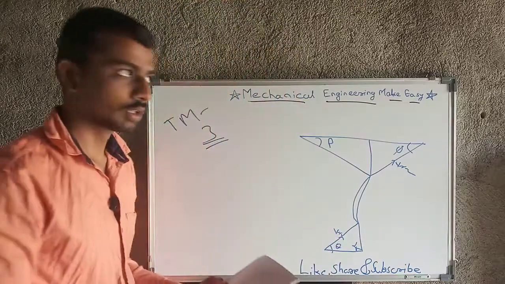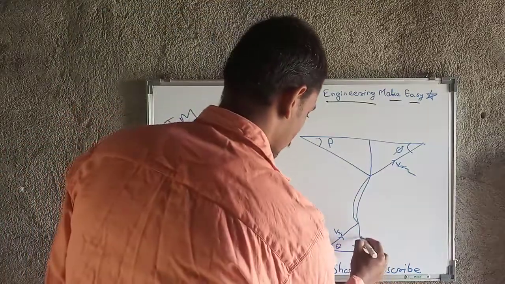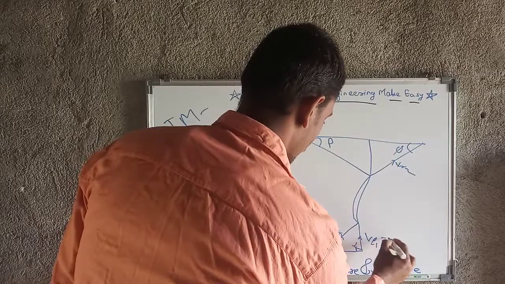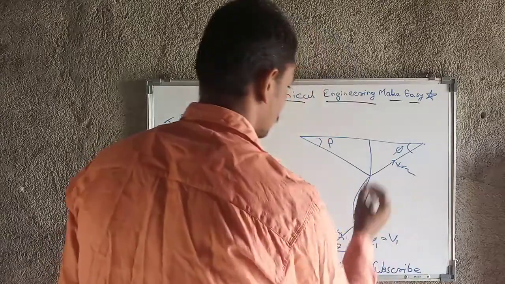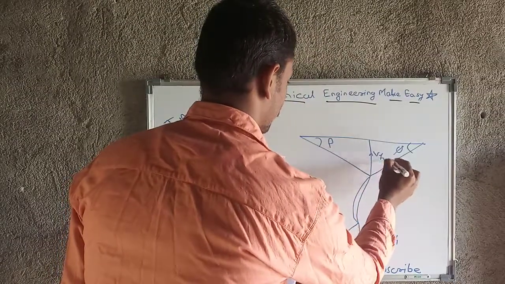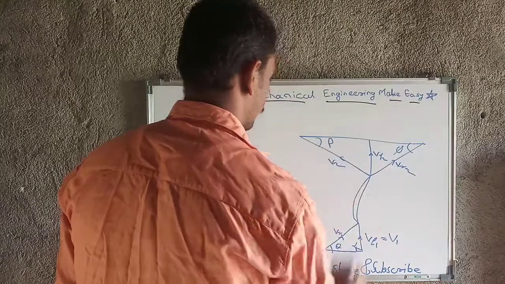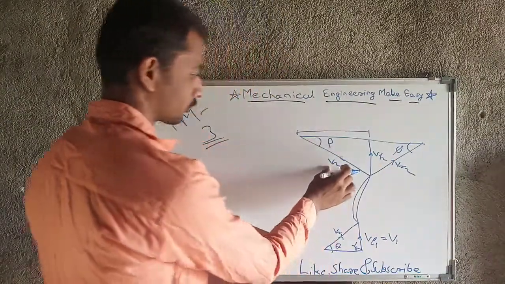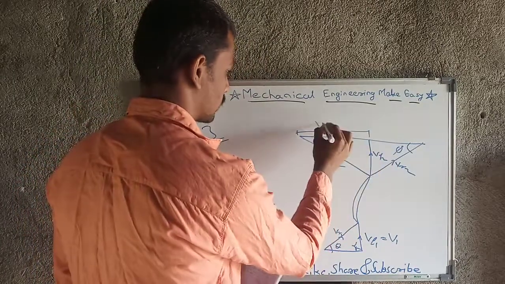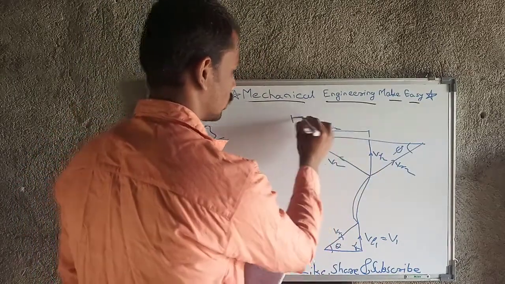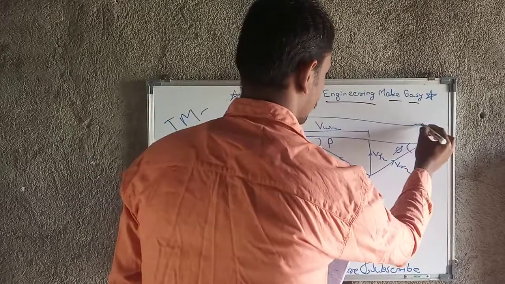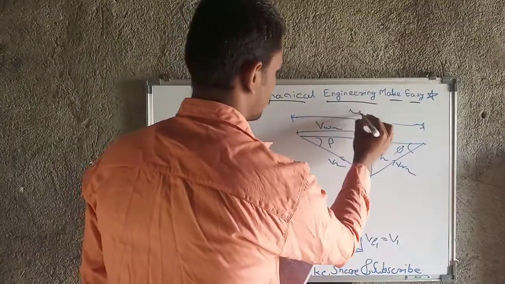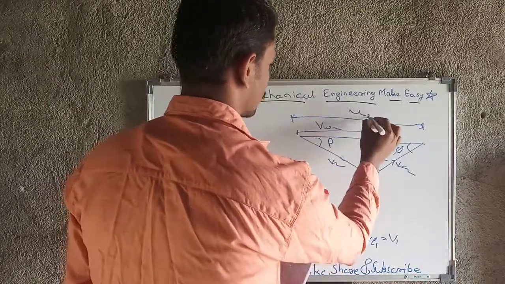Next, this is Vf1, which is equal to V1, Vf2, V2. Between absolute and flow component there will be Vw, and between absolute and relative there will be U, that is U2.